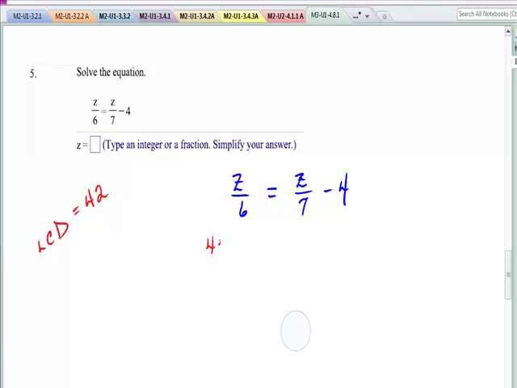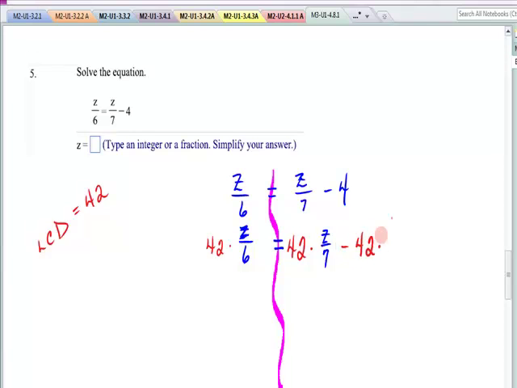So I'm going to have 42 times z over 6, and 42 times z over 7, and finally 42 times 4.